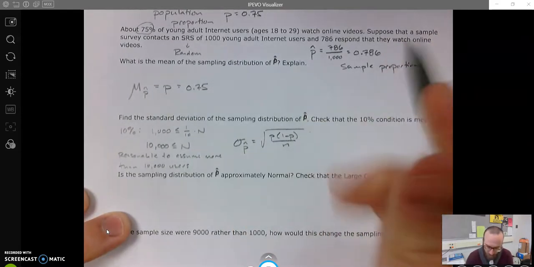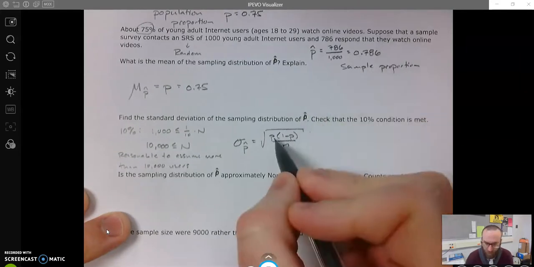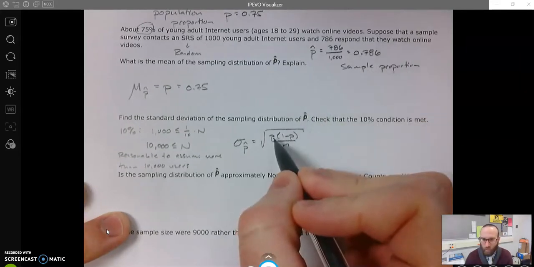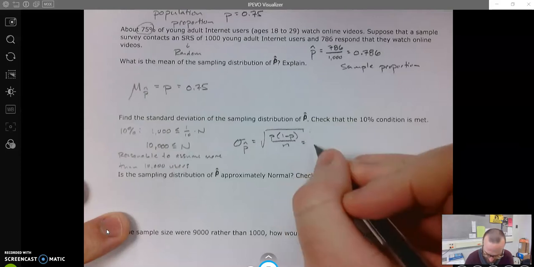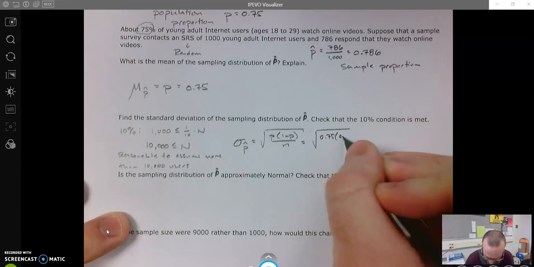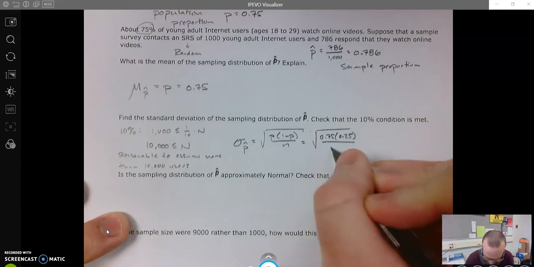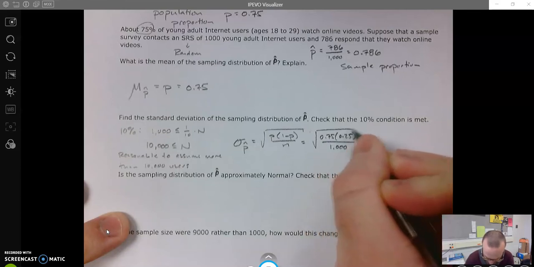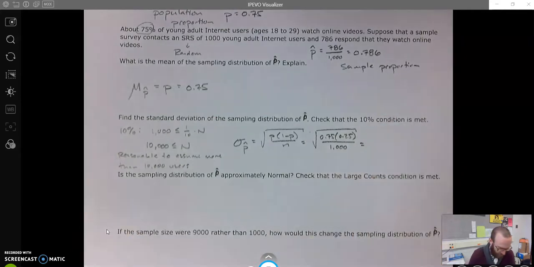Noting that you do want to use your population proportion, not your sample proportion. So this is going to become the square root of 0.75 times 0.25 over 1,000. I can do that all in the calculator at once if I'm good. If not, just do it in a couple steps.